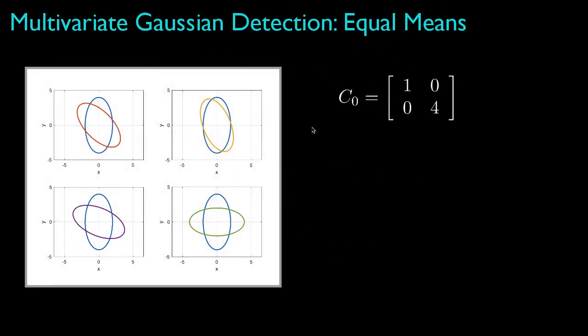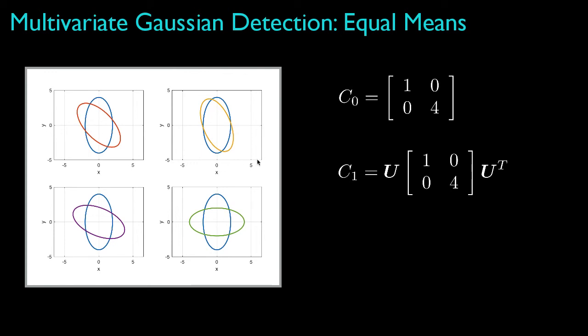Well, here, for example, are some plots that show the orientation and shape for some two-dimensional Gaussian probability densities. In each plot, the blue ellipse corresponds to the density for hypothesis 0, which has the diagonal covariance we've shown here. And the density for hypothesis 1 is represented with a different color in each of the plots.